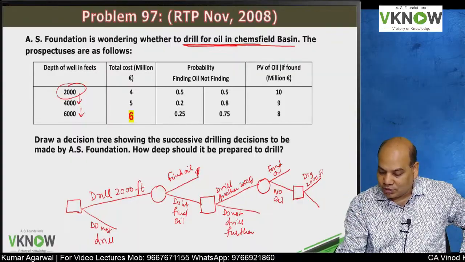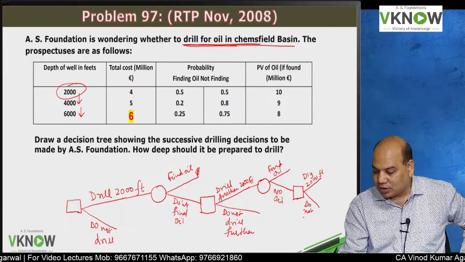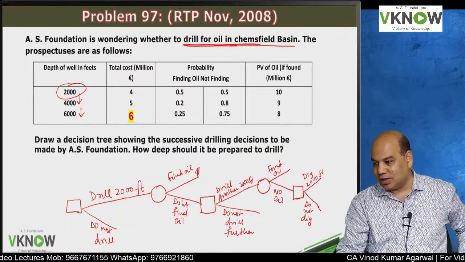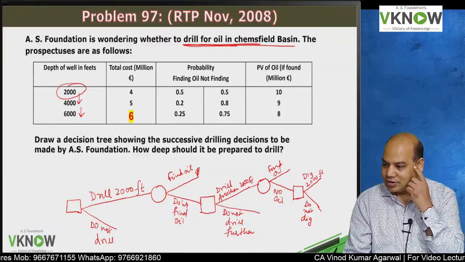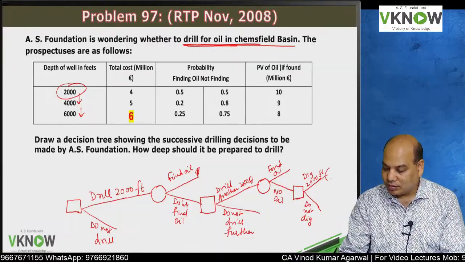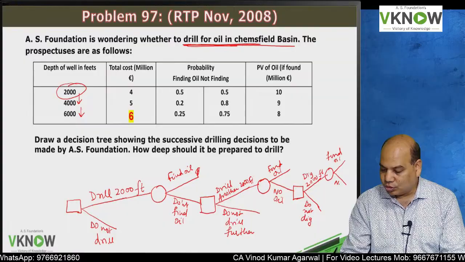This is a very good question. And do not dig. Suppose you work in some oil exploration company like Reliance, NTPC, etc., then you will require this analysis. And if you dig 2000 feet, again there are two possibilities. You may find oil or no oil.